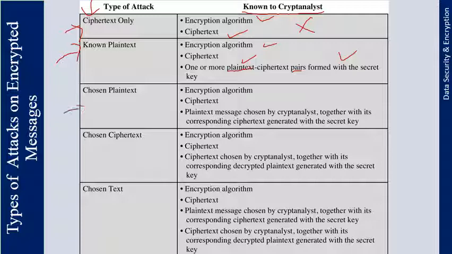Another kind of attack is chosen plaintext. Again, the cryptanalyst has the encryption algorithm, the ciphertext, and also a plaintext message chosen by himself, together with its corresponding ciphertext generated with the secret key. That means he has some understanding of what kind of message it will be, and some information about that message.